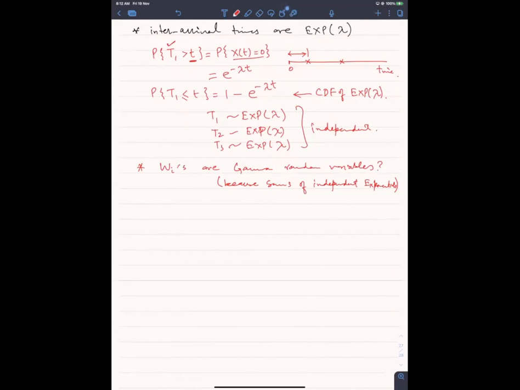So Wn, which is equal to summation i equal to 1 to n Ti, this leads to the conclusion that Wn has a gamma distribution with parameter n and lambda. See, exponentials को जब आप add करते हैं with all of them with the same rate, same parameter lambda, all of these independent, you get a gamma random variable.